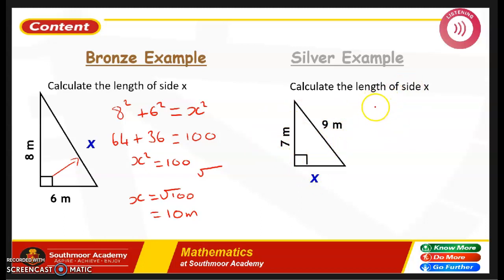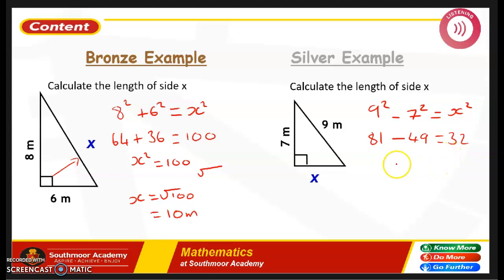So we're going to do 9 squared subtract 7 squared is equal to x squared. So 81 subtract 49 is equal to 32.